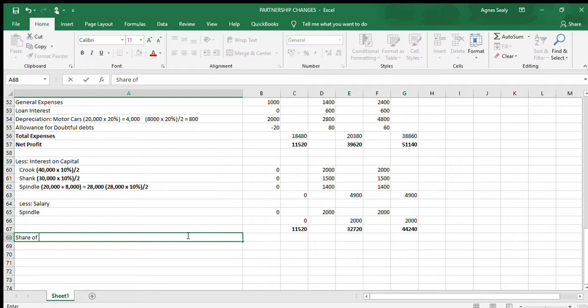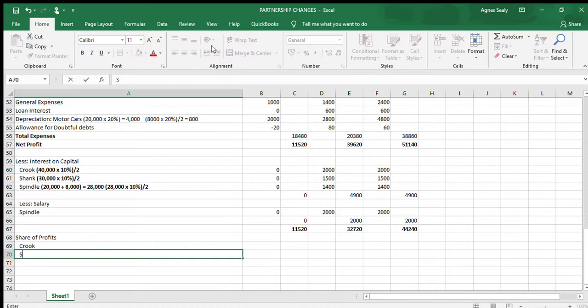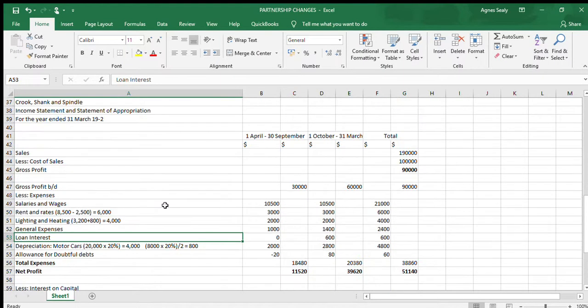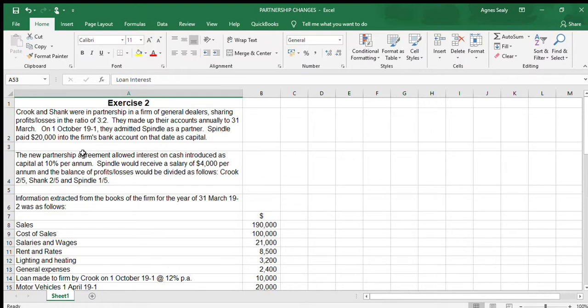So share of profits, and we are sharing profits to Crook, Shank, and Spindle. Our question stated that when we look at the first period, which is April 1st to September 30th, Crook and Shank, the general dealers, are sharing profits and losses in the ratio of 3 to 2.